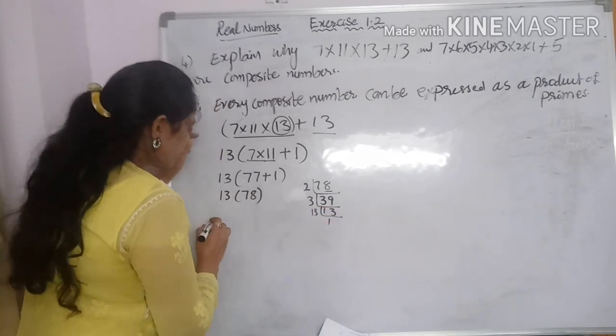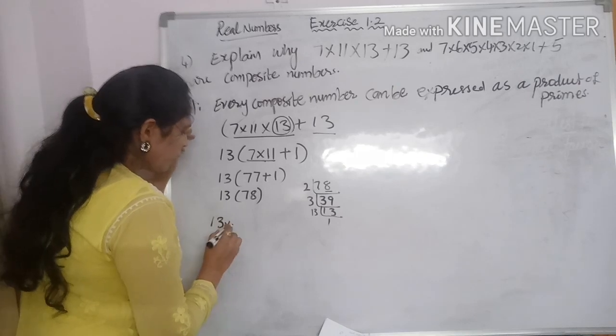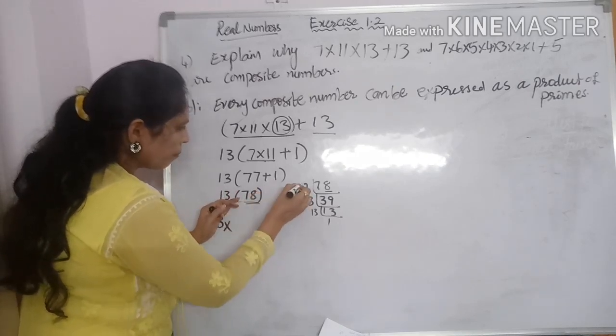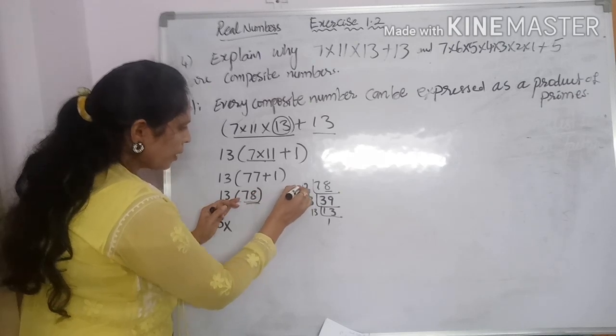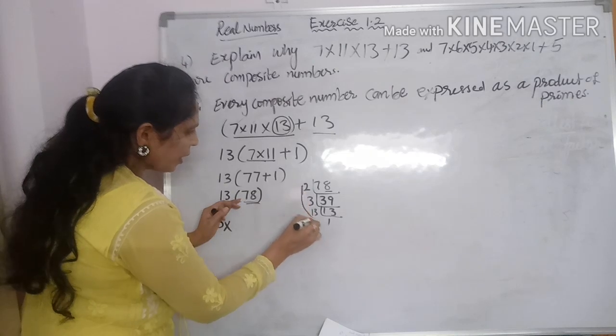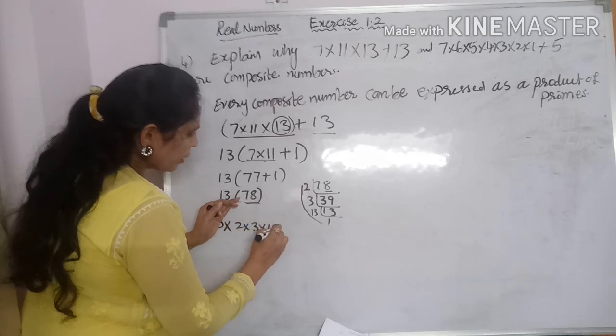How can we express it as a product? We can write it as 2 into 3 into 13.